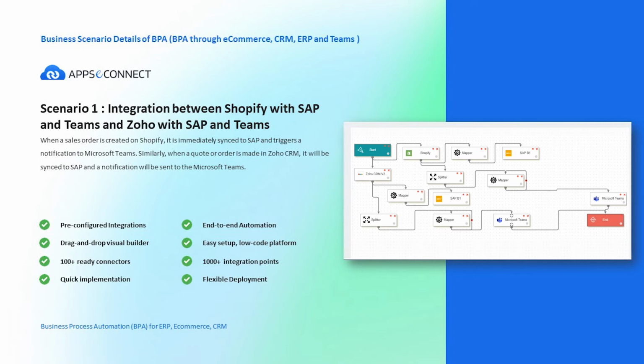Next, whenever a quote is created by the sales representative of that organization, let's say the sales representative met with a customer and created the quotation in Zoho CRM, that will be synced to SAP, and a notification will be sent to the finance manager of that particular organization.